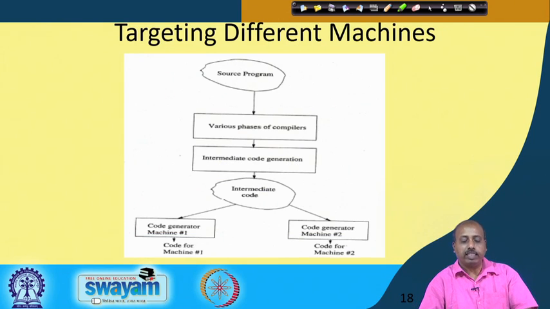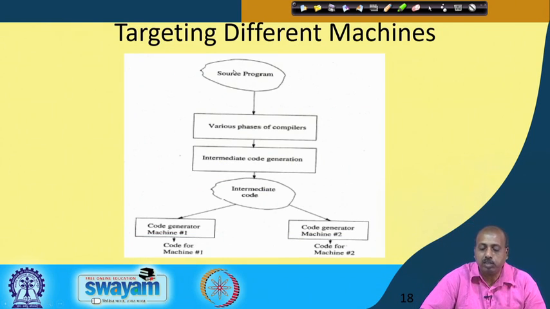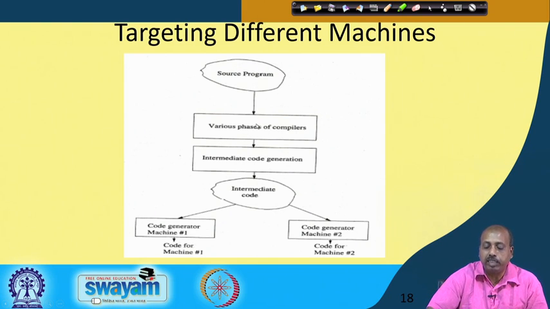So, this is the thing that I was talking about. We have a source program, which passes through various phases of the compiler, and after that it comes to intermediary code generation. This phase produces an intermediate code.